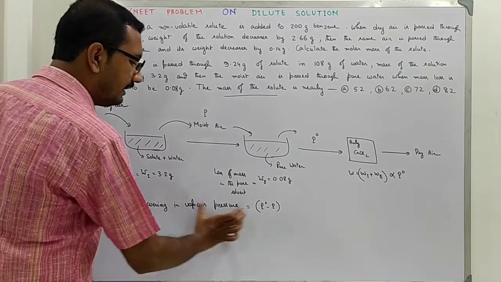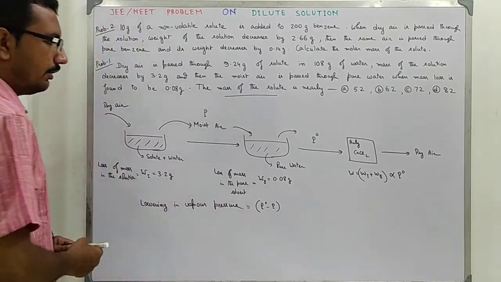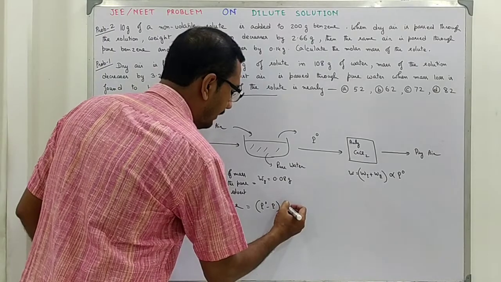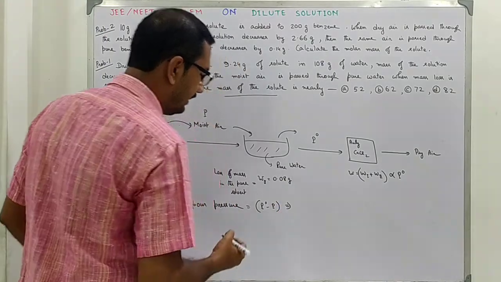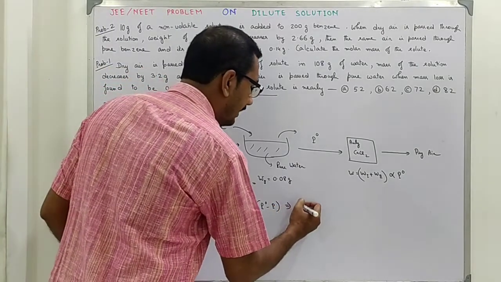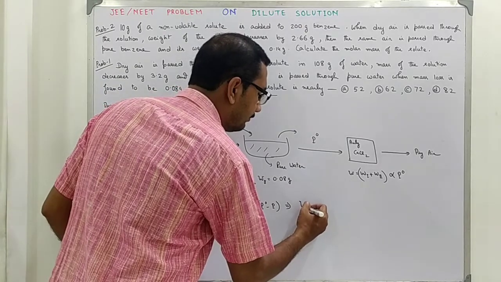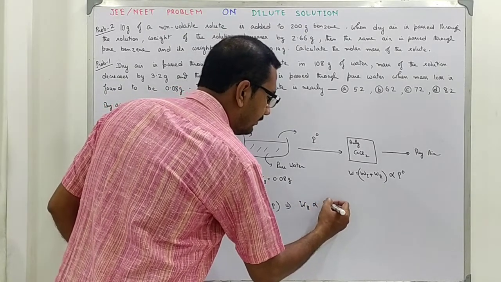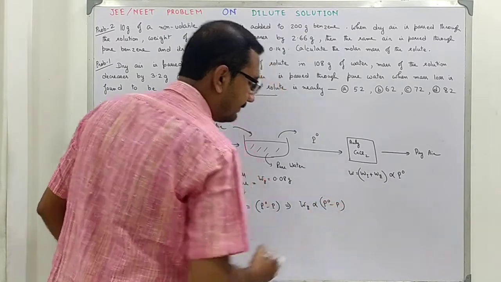So this is the lowering in the vapor pressure, and obviously it will be related to the mass loss as W2 proportional to P0 minus P.